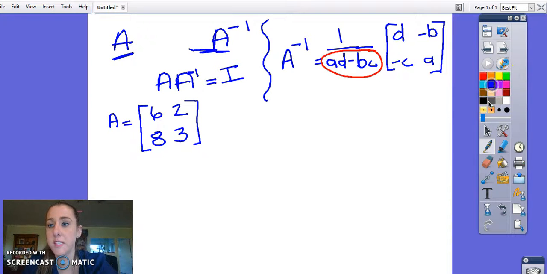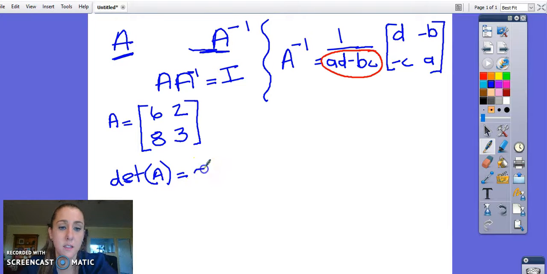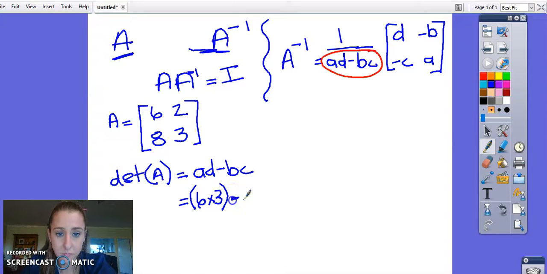So our first step is going to be to find the determinant of our matrix A. The determinant of matrix A is AD minus BC, which will give us, so A is 6, so it's 6 multiplied by 3, because that's our D, minus B, which is 2, multiplied by C, which is 8.